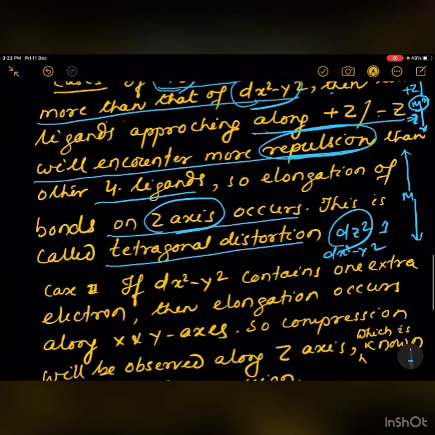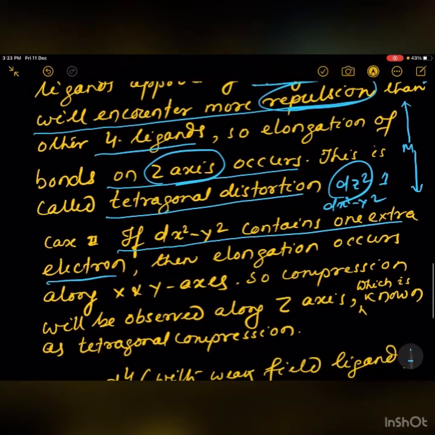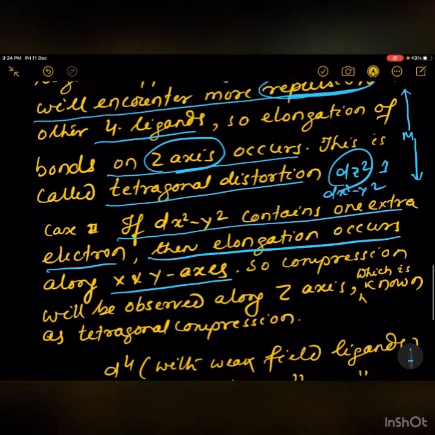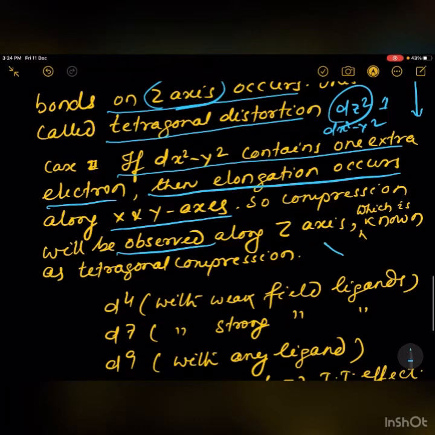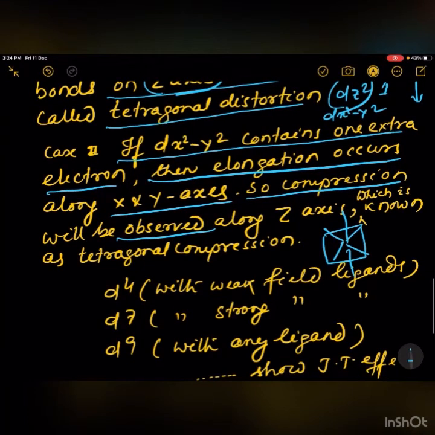Case 2, if dx square minus y square contains one extra electron than dz square, then elongation occurs along the xy axis. So compression will be observed along the z axis, which is known as tetragonal compression.